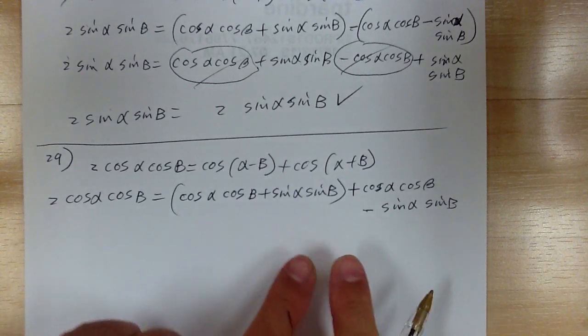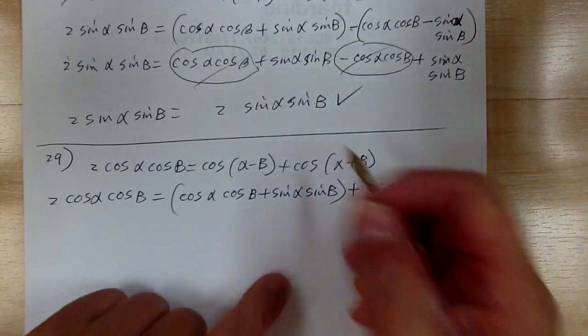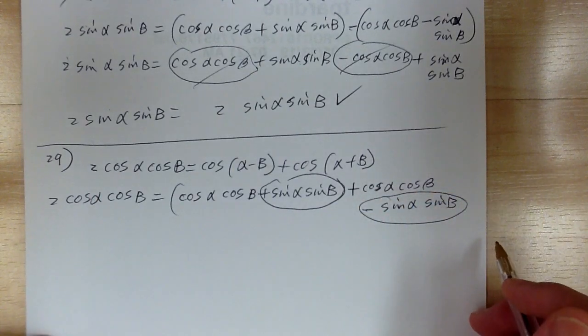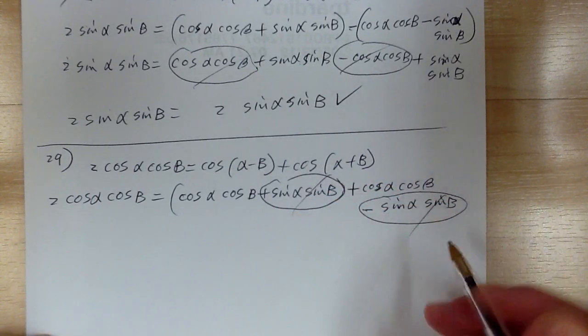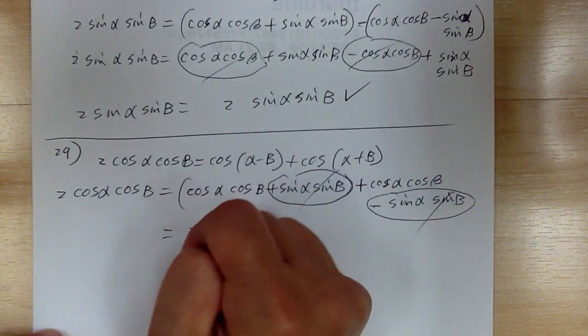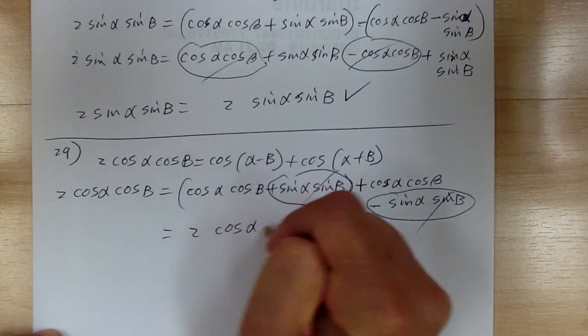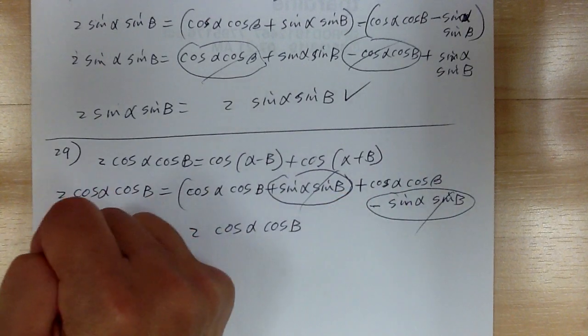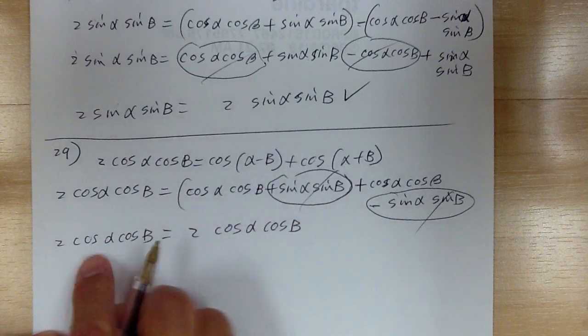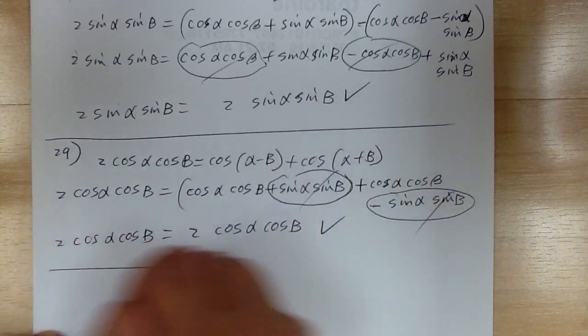So by looking at this, you have plus, minus, so this one and this one cancel out. And these two are the same, so when you add them together, you end up with 2 cosine alpha cosine beta. And this side you got 2 cosine alpha cosine beta, and they are the same, so therefore you check and you're done.